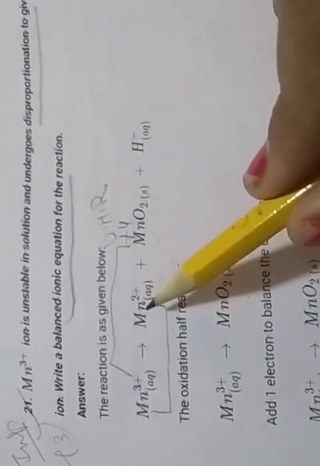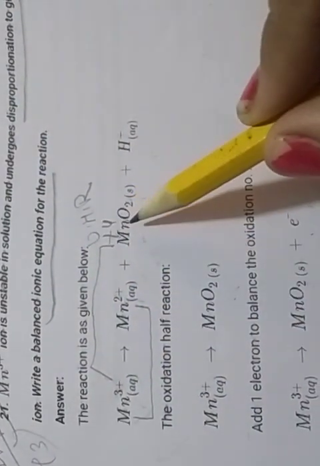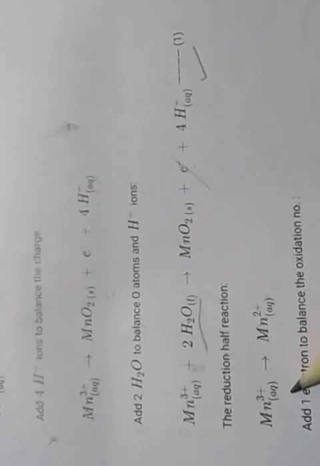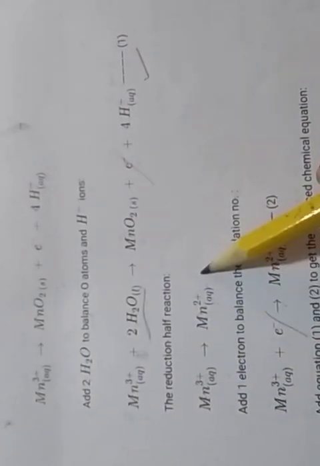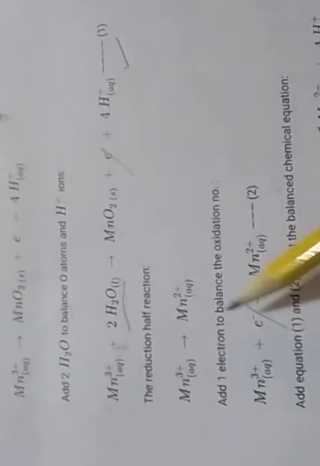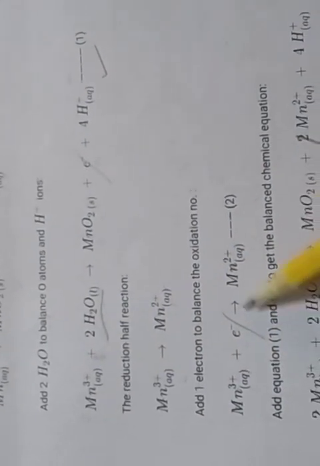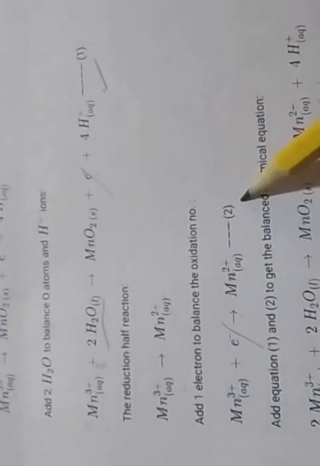Then Mn3 plus converts into Mn2 plus. Here you see the reduction half reaction: 3 plus converts into 2 plus, that is gain of 1 electron only. So Mn3 plus plus 1 electron converts into Mn2 plus. This is equation number second.